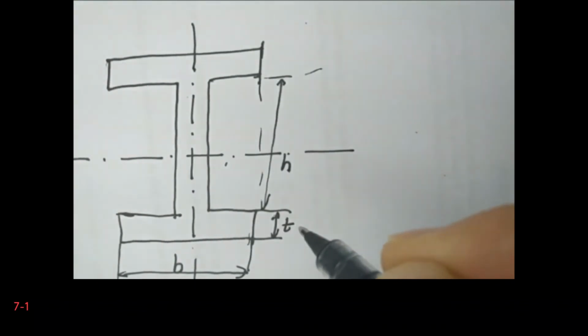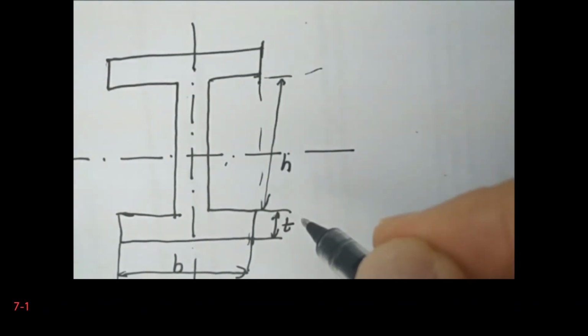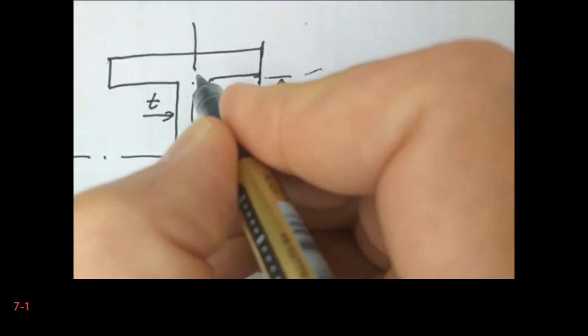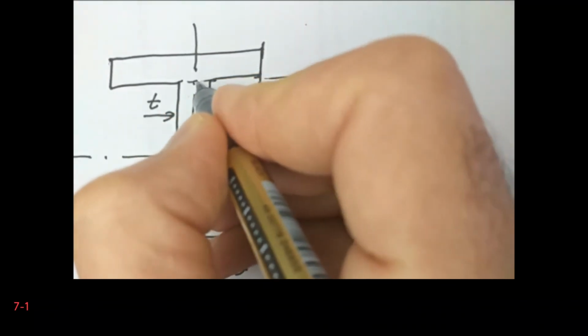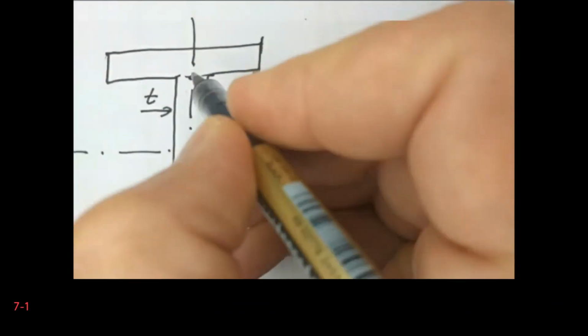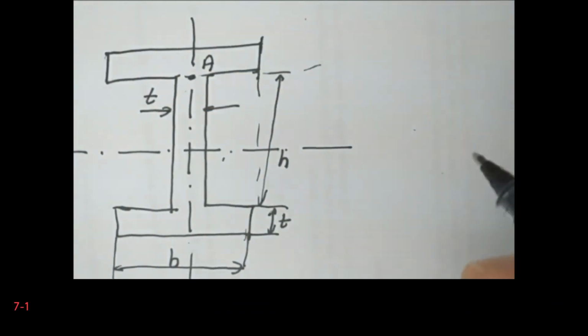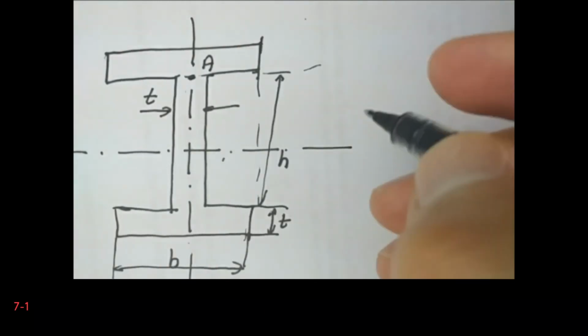And so we don't need to define any other dimension. Moreover, the web has a width of T as well, and this is where A is located. So these are our dimensions.